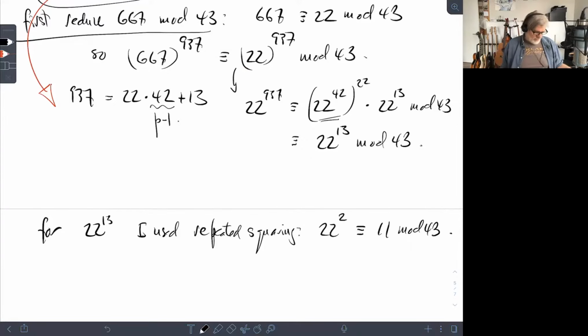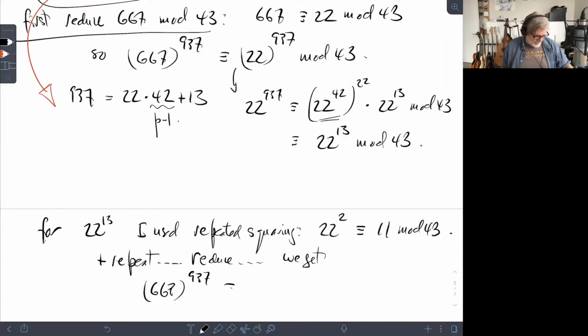So with that, and repeated reduction, we get that finally 667 to the power 937 is congruent to, what do we get? 2 mod 43.